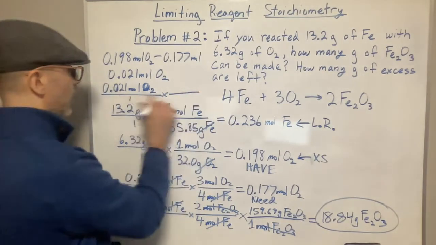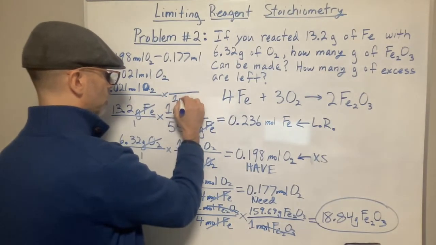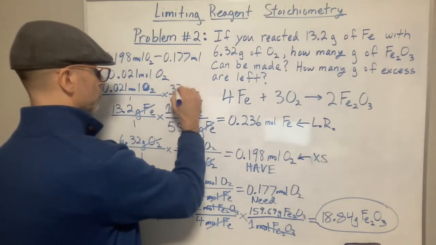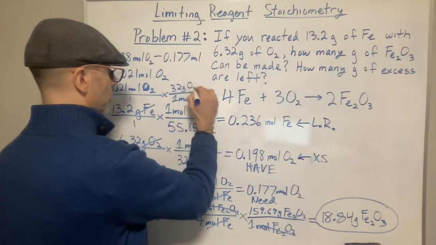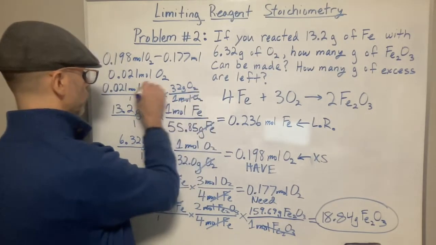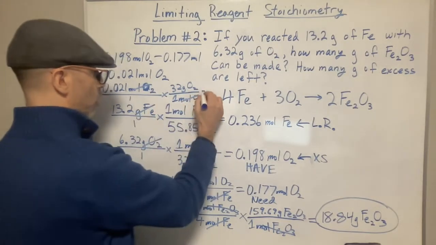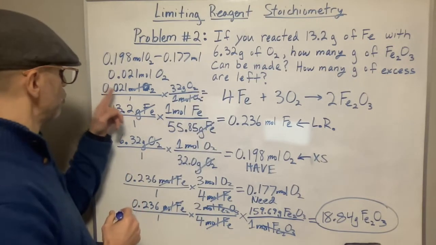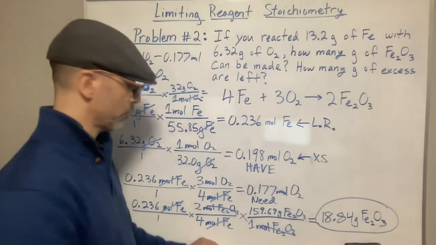And so we know that 1 mole of O2 is equal to 32 grams of O2. Moles of O2 cancels out. And then all I need to do is multiply 0.021 times 32.